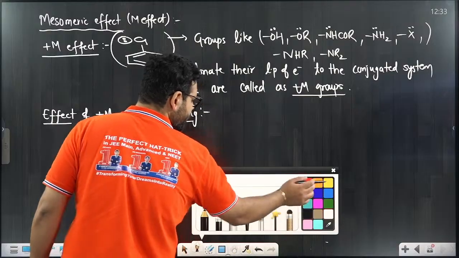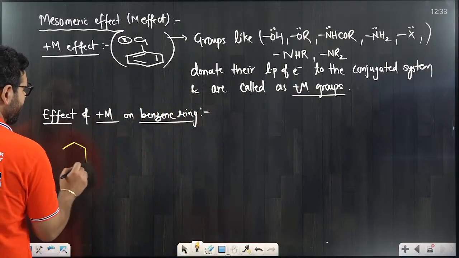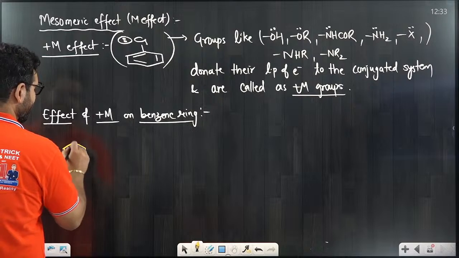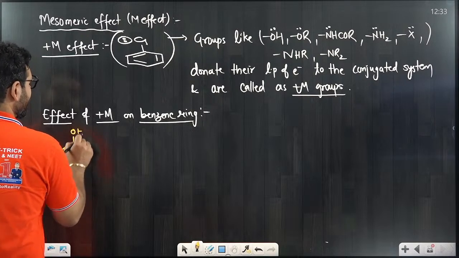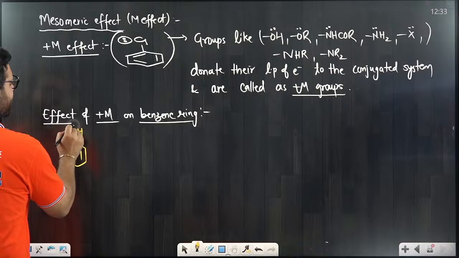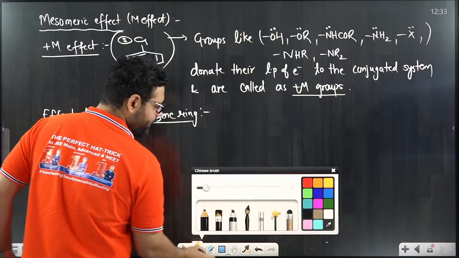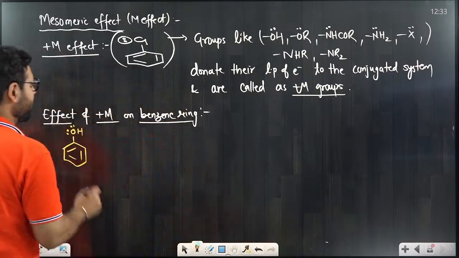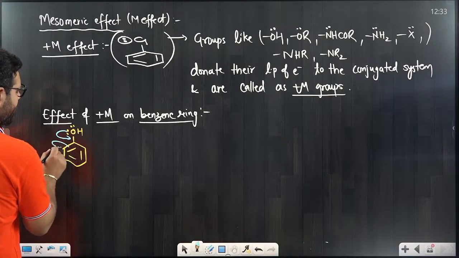So when you put a plus M group on a benzene ring, like OH, I'm taking phenol. Let us draw all the resonating structures of phenol and see what happens. I told you always lone pair becomes pi, pi becomes minus.